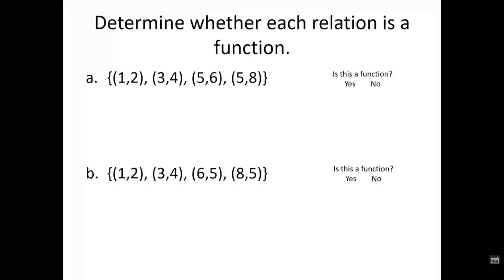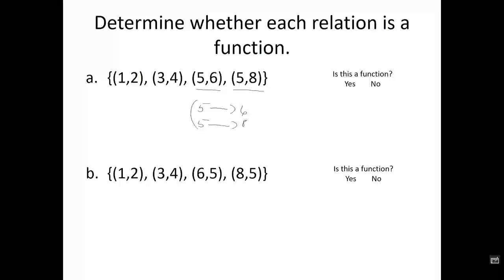You also recall the definition of a function. In a function, for each x element, there is assigned exactly one element in the range of the function. So let's see what happens. 5 is mapped to 6. 5 is also mapped to 8.